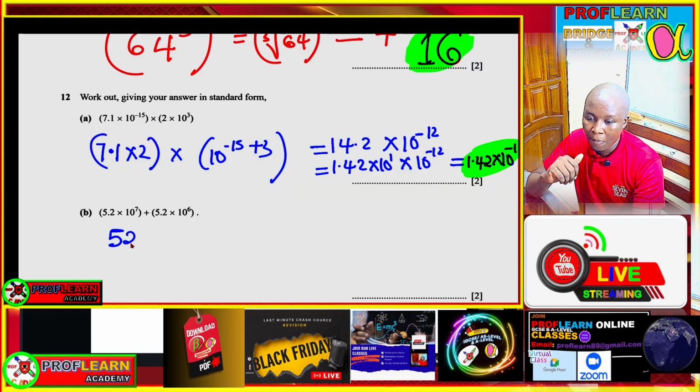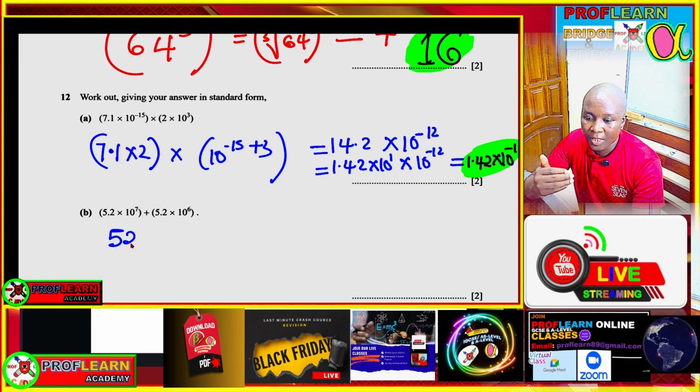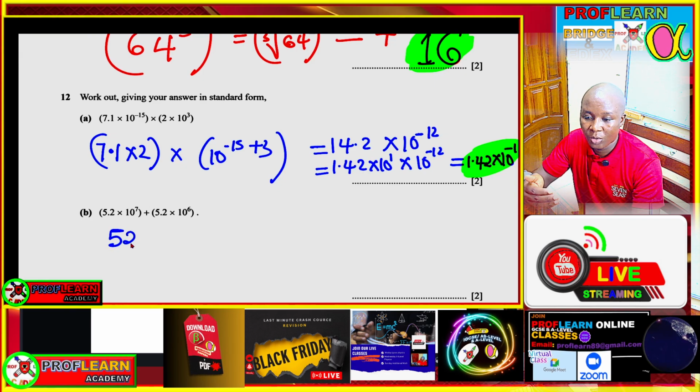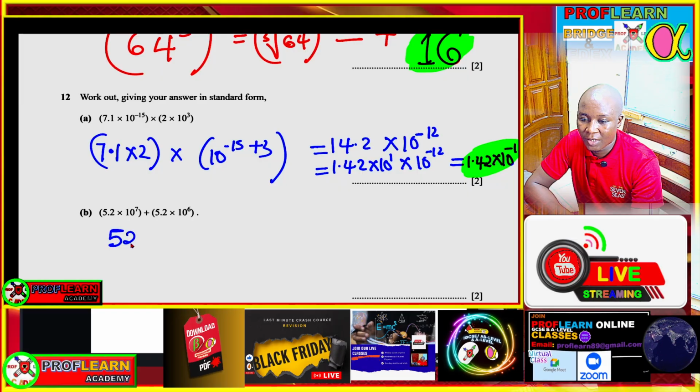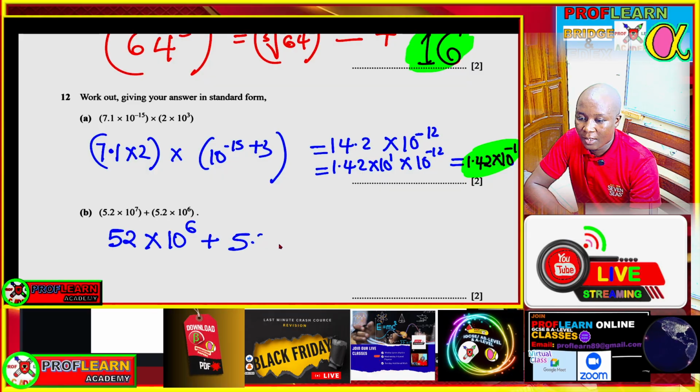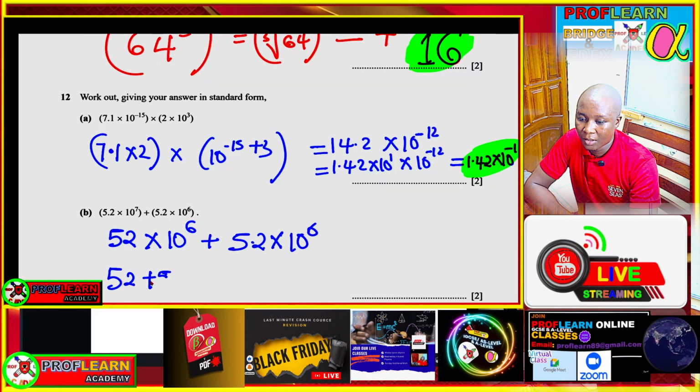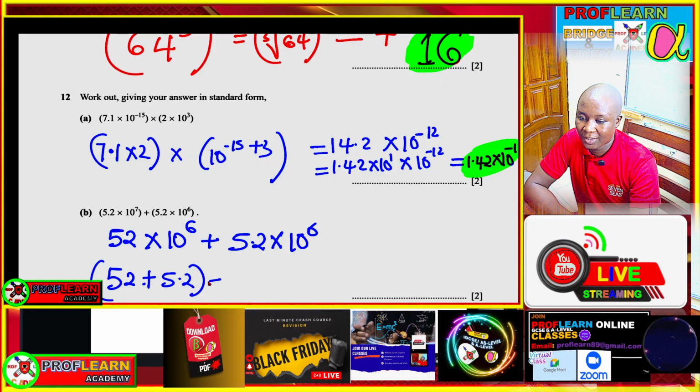Take note of that. For you to add numbers in standard form, you have to ensure that the powers of 10 are the same. So that's why you can see I wrote 52 times 10 raised to power 6 and 5.2 times 10 raised to power 6, so that I can add those numbers, so that I can say this is 52 plus 5.2 times 10 raised to power 6.